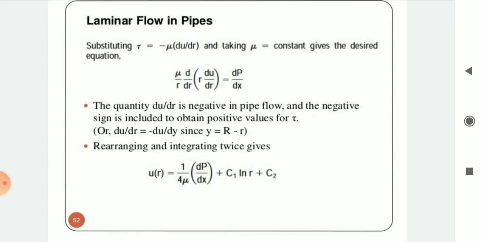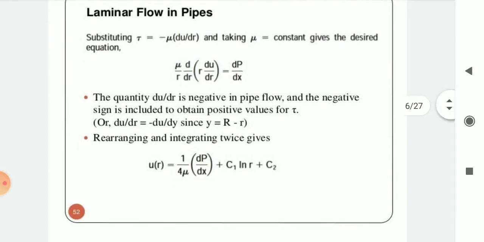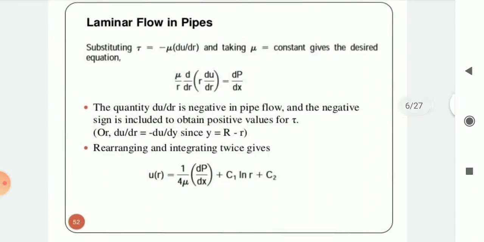The quantity du/dr is negative in pipe flow and the negative sign is included to obtain positive values of τ. Or du/dr is equal to minus du/dy, since y is equal to capital R minus small r. Rearranging and integrating twice gives u(r) equal to (1/4μ)(dP/dx) r² plus C1 ln r plus C2.